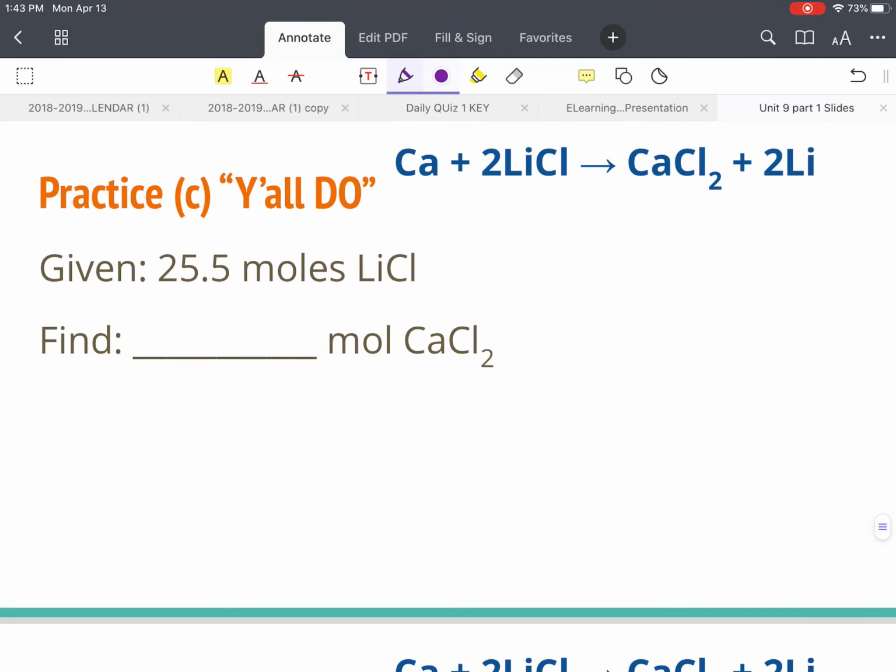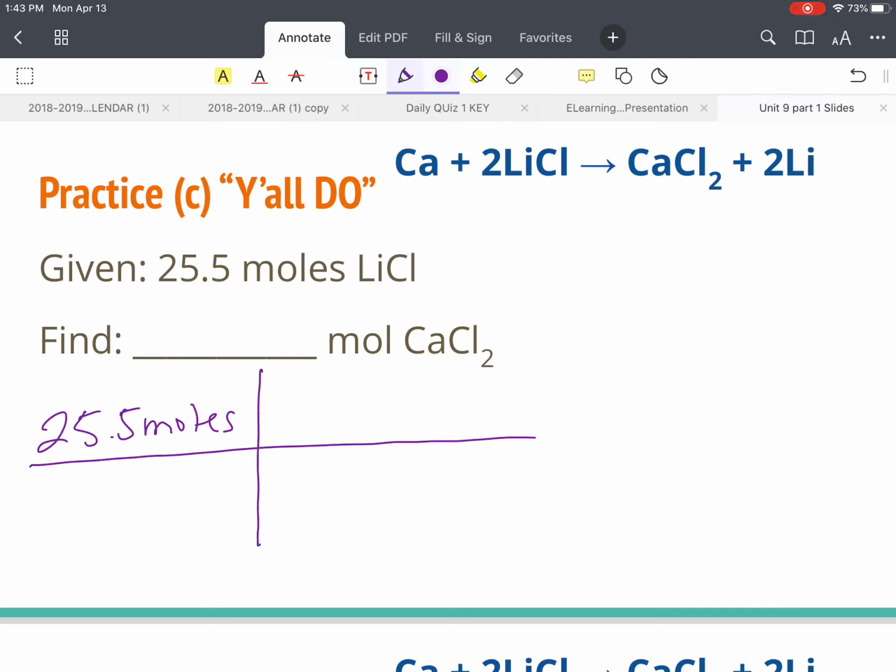All right, so this one, we're actually going to have to do some calculating. If you want to pause here and try it before I keep writing, go ahead. I'm just going to start with what I'm given: 25.5 moles of lithium chloride. On the bottom I have to put lithium chloride because I always want it to cancel out, and I'm looking for calcium chloride. So I look here.